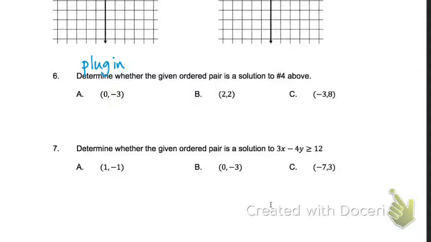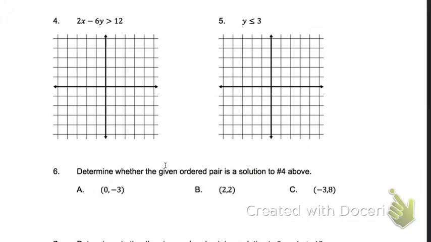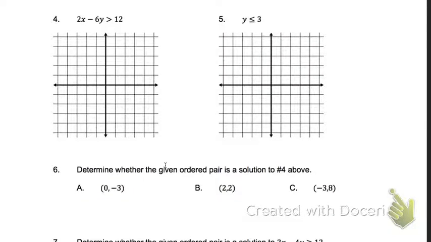If you already have the graph drawn, which I erased mine, you just have to decide is it in the shaded area or not. So it helps when the graph is already drawn. So if I plot my point, I'm going to go back up a little bit and redraw it. There we go. Here's my shaded area.